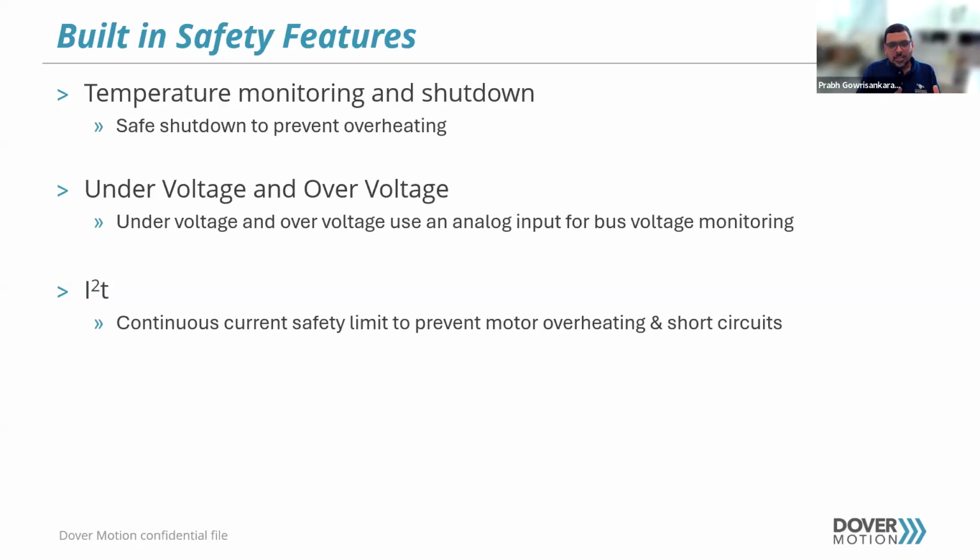The key one, especially tied to protecting the motor, is the I squared T, where it's current over time, an integral of it. It's almost like the energy, and you're trying to prevent the motor from overheating and preventing short circuits. So that's very common and it's a very useful safety limit. So Dig, if you want to add to how you guys use it in your application?